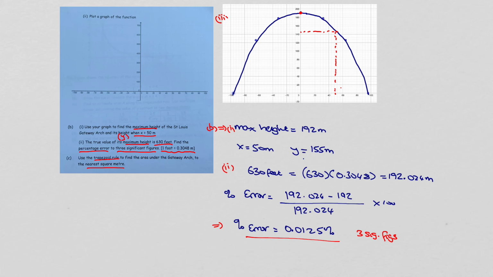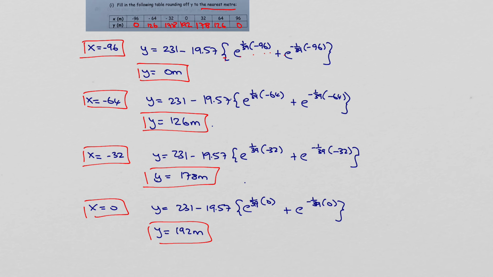Okay, so we're now going to use the trapezoidal rule, and we have to get the answer correct to the nearest square metre. So we're going to have to divide this into our equal intervals. Our equal intervals were already done for us because those are the values that we calculated here. If we look at the difference, we're going up in 32, 32, 32, 32, 32.